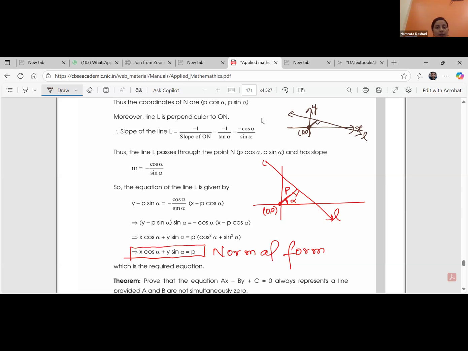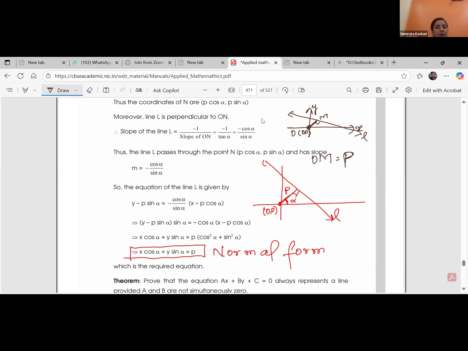You can call it OM. On the line, we are dropping a perpendicular from the origin. And what are we taking? The perpendicular distance OM, that we are representing with P.